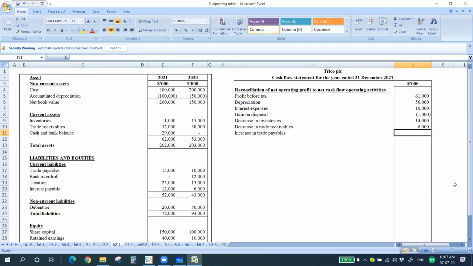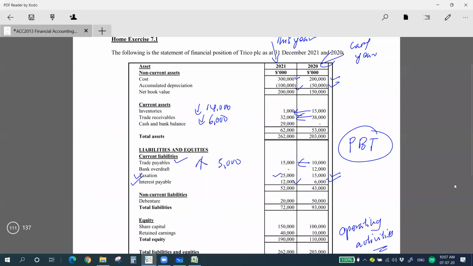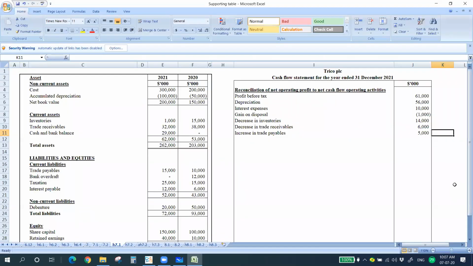Positive, positive by 5,000. Yes, why positive? Because when you have an increase in trade payables, it means that you have slow payment to your supplier. If you have slow payment to your supplier, you are keeping more cash in your company. So in your cash flow statement, we will show a positive amount because you keep more cash in the company.